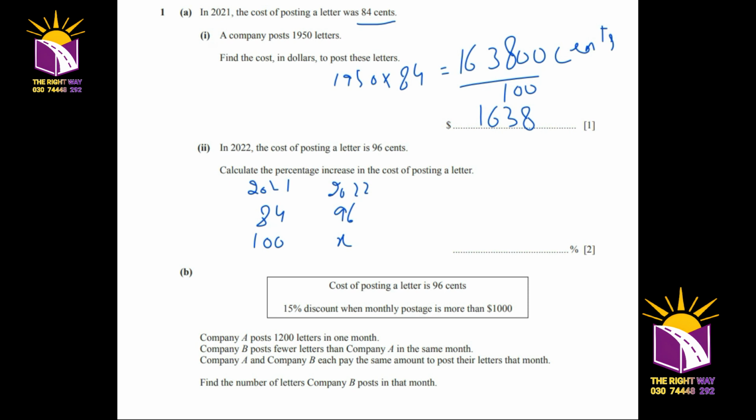So by cross multiplication, x will be equal to 100 times 96 divided by 84, which is 114.28, or you can write it as 14.3% increase.